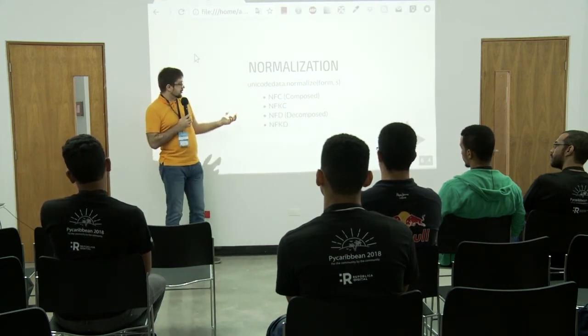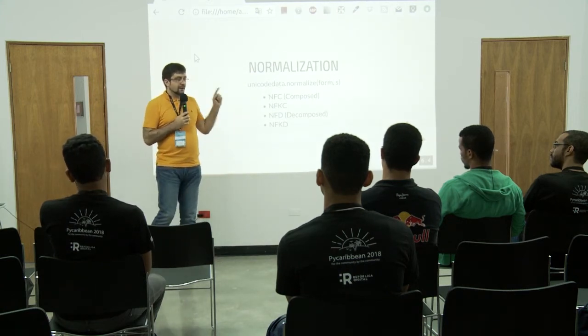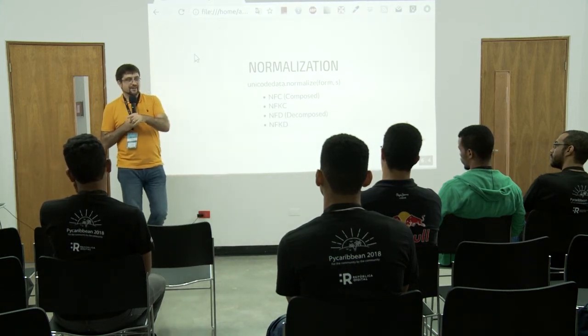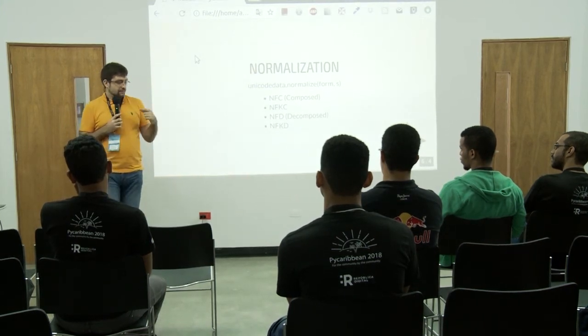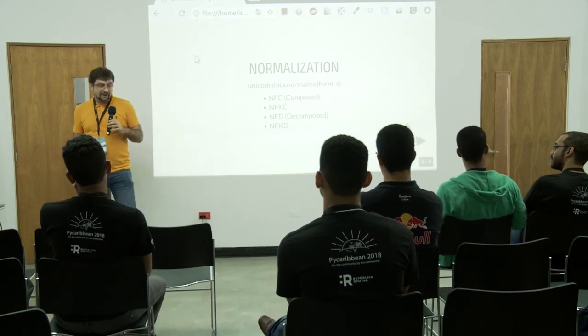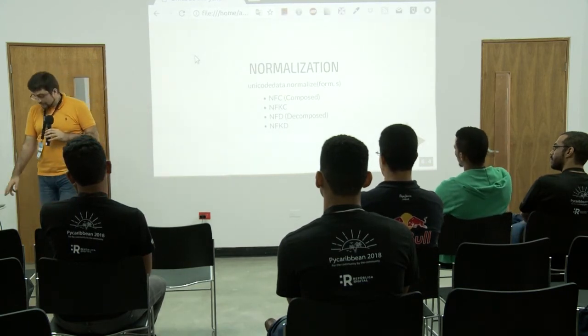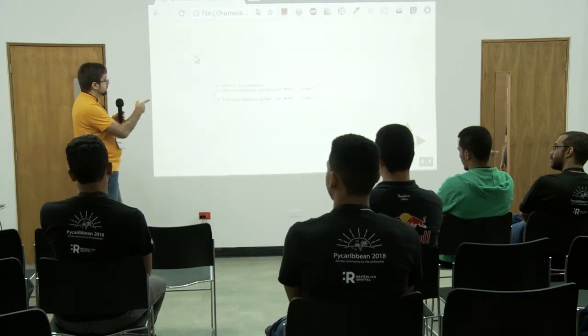What form should you use? I don't know. It's up to you. But you should normalize all texts before making a comparison to avoid cases like lion is not lion. This example.